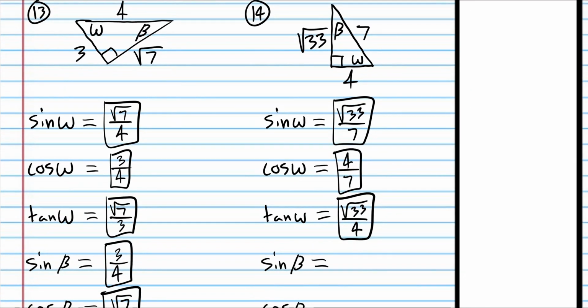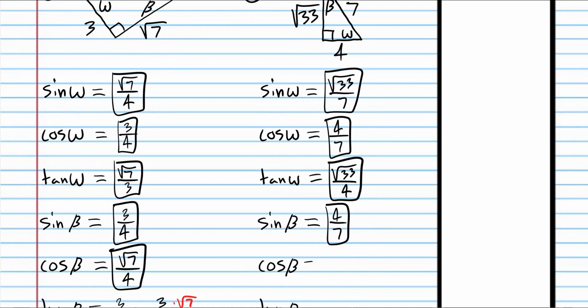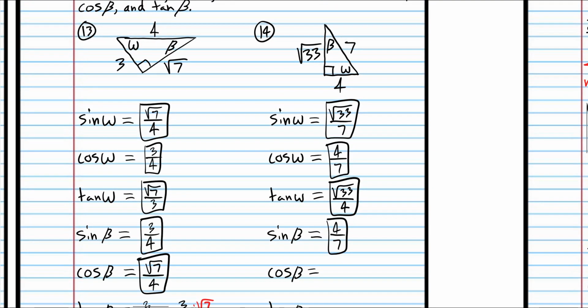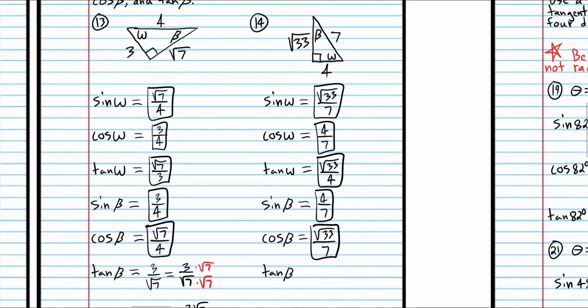And now we have to move to beta. So sine is opposite side of beta, which is 4, divided by the hypotenuse, which is 7. And cosine beta is the side adjacent beta, divided by the hypotenuse. And tangent beta is the side opposite beta divided by the side adjacent.